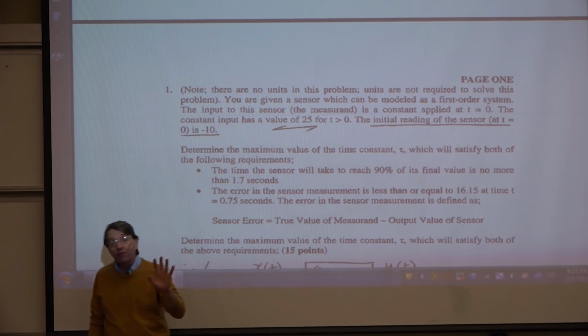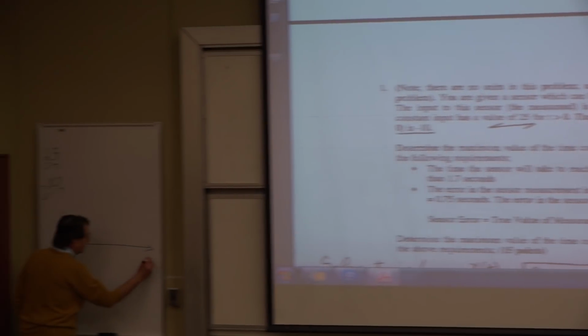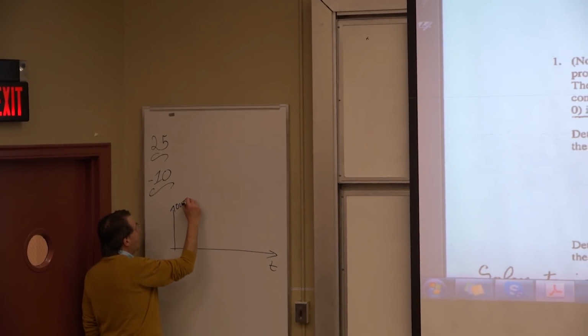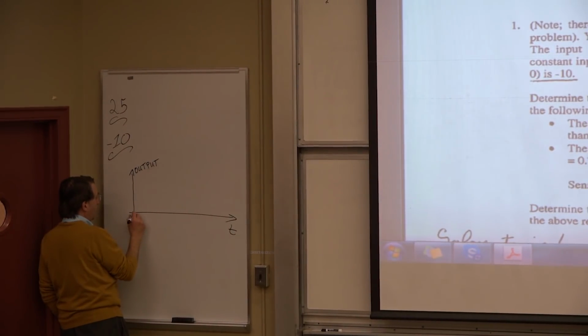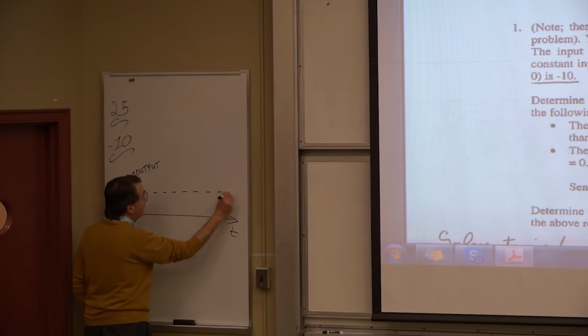Before I even get any further, what I'm hoping that you're comfortable with, and after all the time that we have done this, I suspect you're very good with this. This is the output of the sensor. Now, the input is 25.